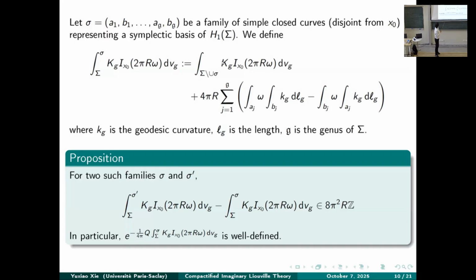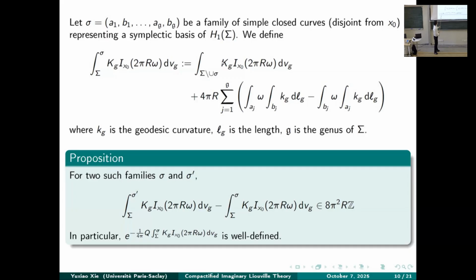And then you define the integral as the integral over the remainder, over this domain. But then you find that this is going to depend on the curves that you chose. So if you perturb the curves a little bit and you do some Gauss-Bonnet calculations, you find that you're going to need to add some additional regularization terms so that it can be well defined. So we add in these terms, and we have this definition with respect to such a family of cutting curves.